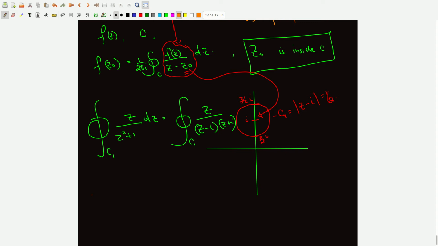Please note that z minus i multiplied by z plus i, that's the difference of two squares, is going to be z squared minus i squared, which is z squared minus i squared, and i squared is -1, so this is z squared plus 1.